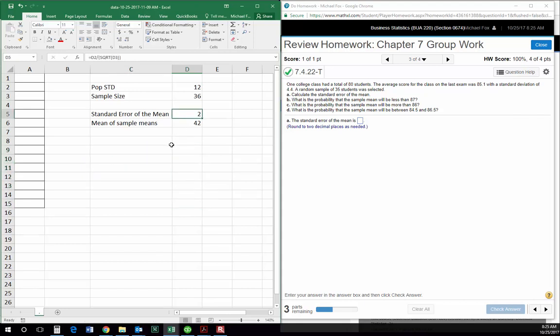Remember that our standard error of the mean is a function of our population standard deviation and our sample size. So here, the class had 80 students, so that's our population. The average score was 85.1 with a standard deviation of 4.4. And then we have a sample of 35 students. There's our standard error of the mean.